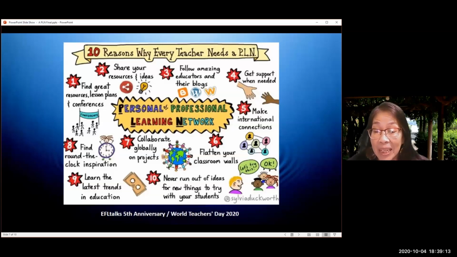Four, when you get stuck, there's a helping hand. There is always someone there. Five, you make all sorts of international connections, something that is needed in this global world. Six, your classroom expands to include a greater world, helping your students become better global citizens. Seven, you get to collaborate on wonderful, interesting global projects like the cookbook that Rob did and the companion.